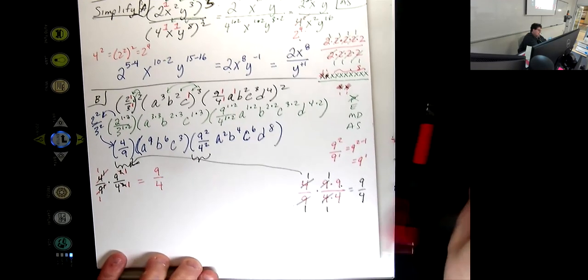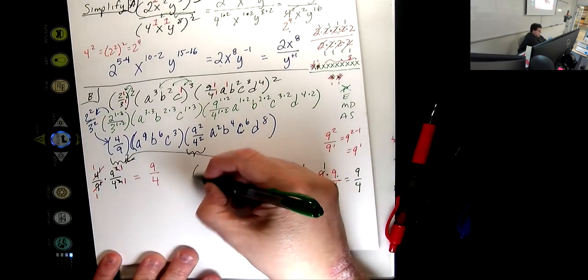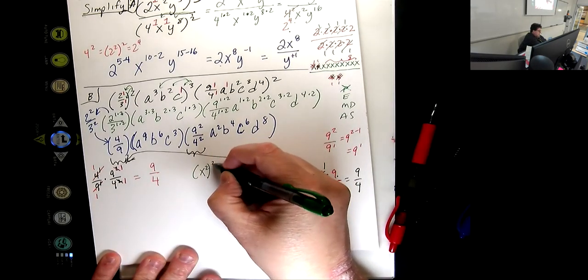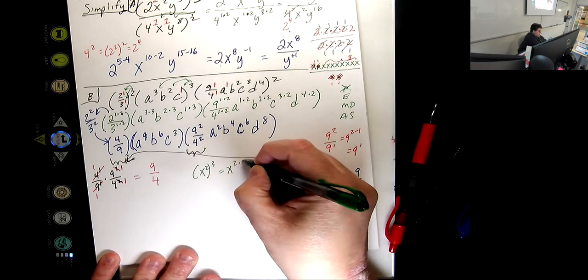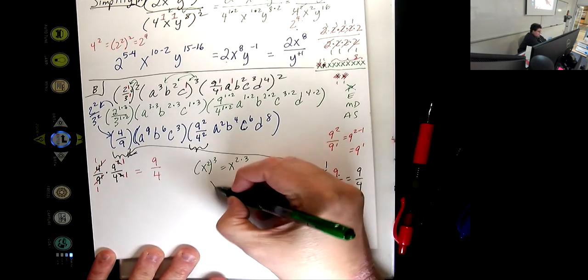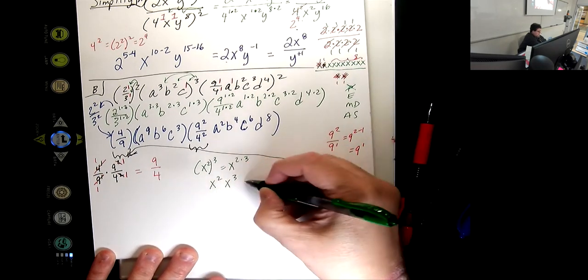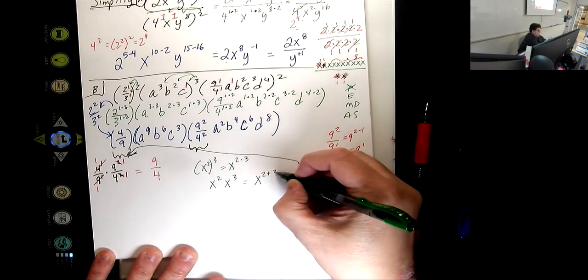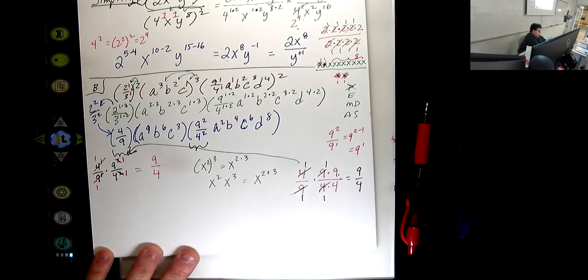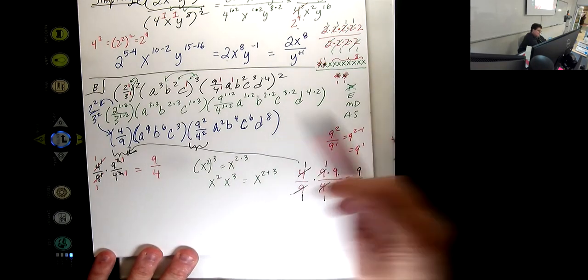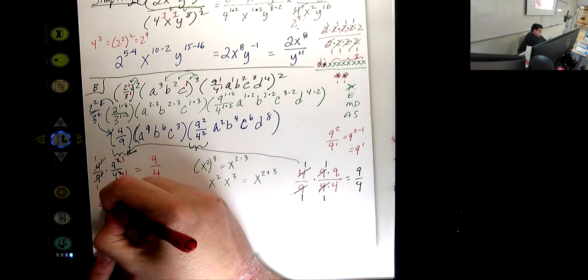So when we had things like that, we multiplied it. When we have things like this, they're added together, because I don't have a power to a power. So that's what I need to do with my variables here. I got my 9/4 still.